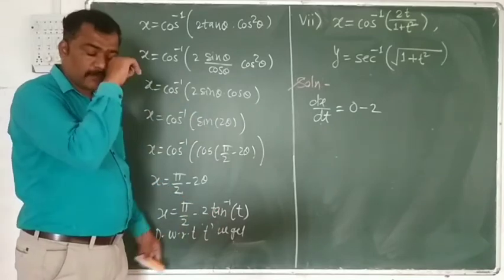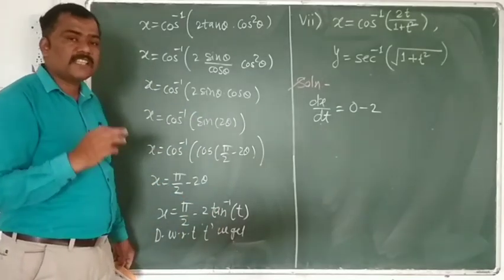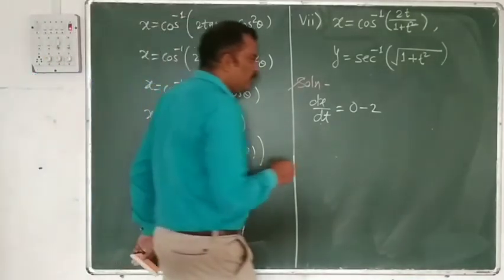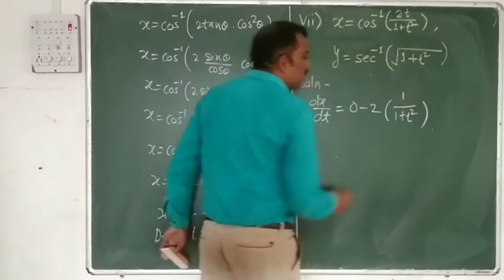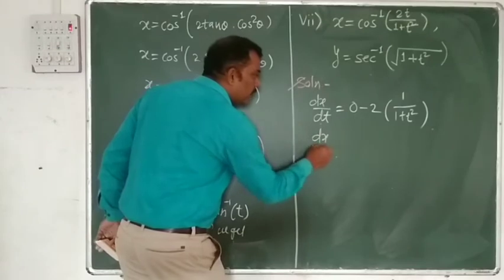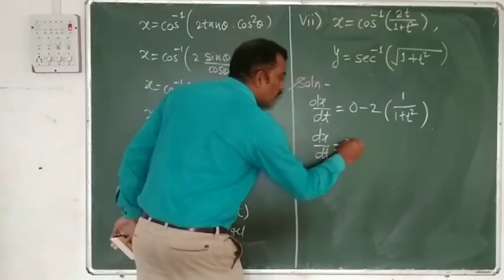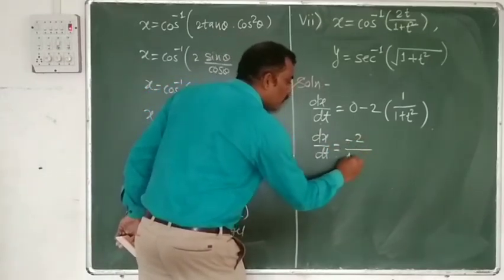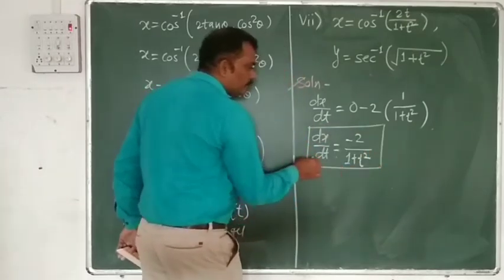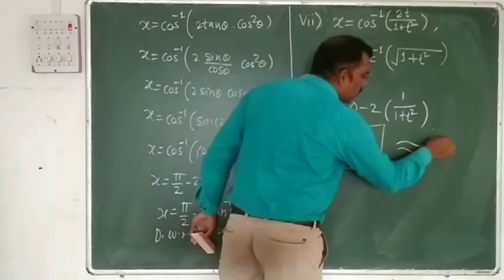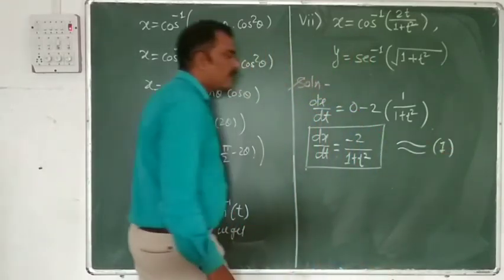It is a standard formula: the derivative of tan inverse of t is 1 upon 1 plus t square. This can be written as dx by dt is equal to minus 2 divided by 1 plus t square.